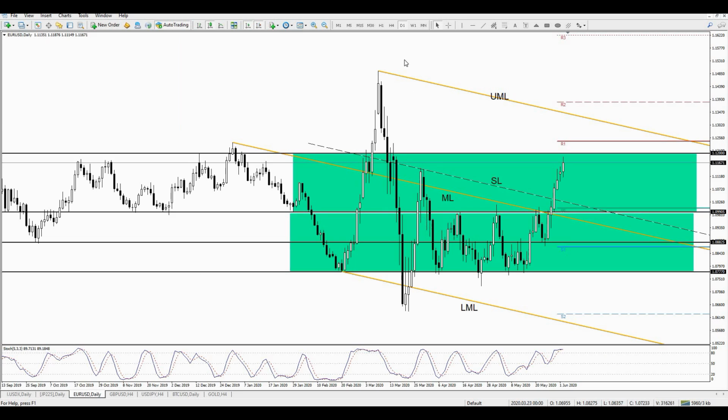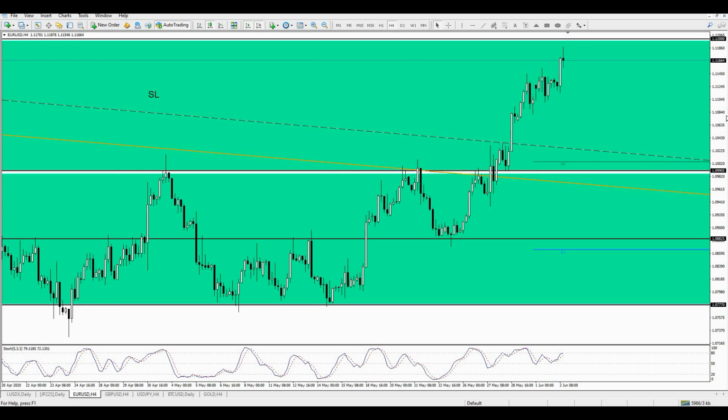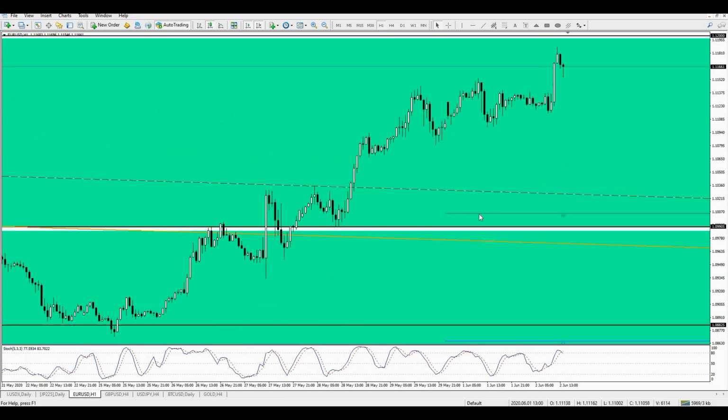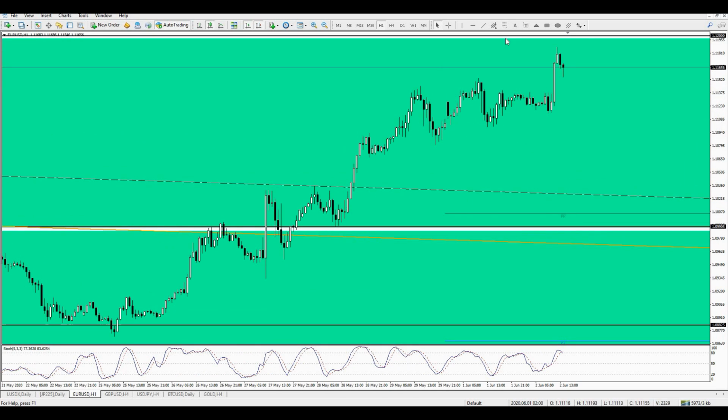Let's also take a look at a lower time frame, such as the 4-hour chart or the 1-hour chart. You can see here that the price has moved sideways in the short term. It was an accumulation before this aggressive upside breakout.